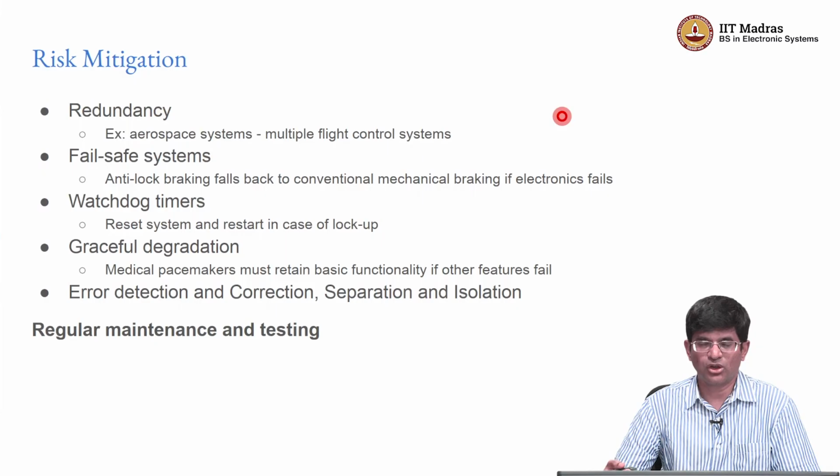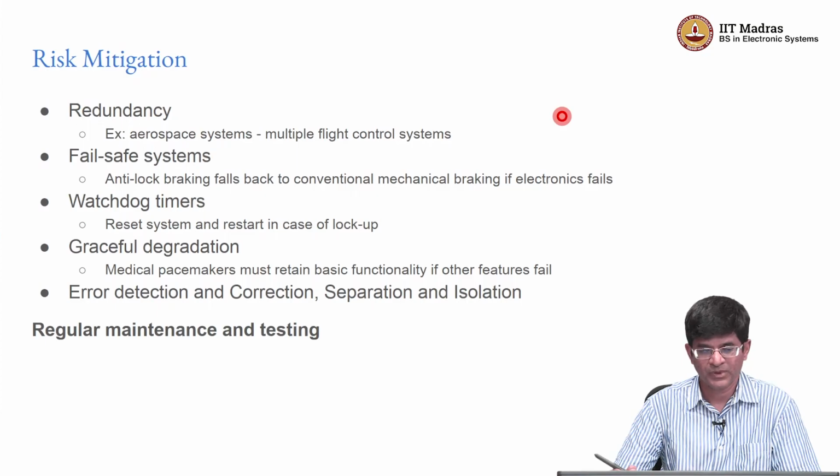It pays off in the long run because in case of one particular component failing, you always have a backup that allows you to work even with a single failure, right? So redundancy is one simple way of addressing the risk associated with the failure of a particular component.